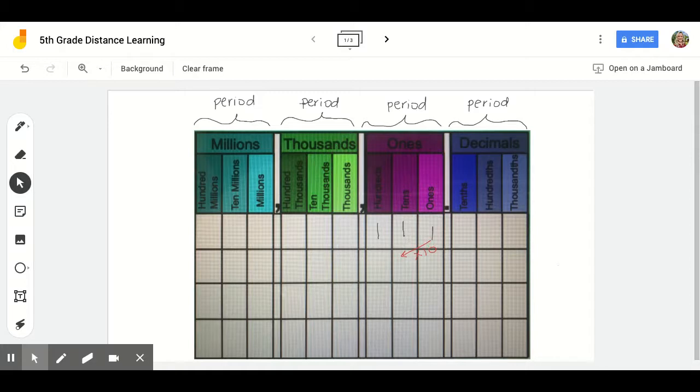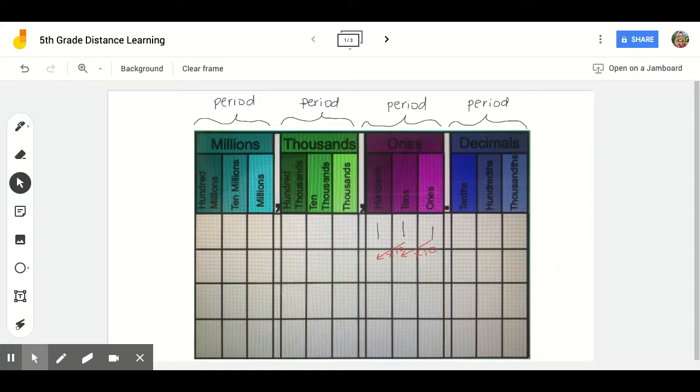Actually, let me switch that. How many $10 bills would you need to make $100? So if you wanted to have a 1 right in the hundreds column, how many would you need? Well, you'd have to count out 10 $10 bills to make $100.